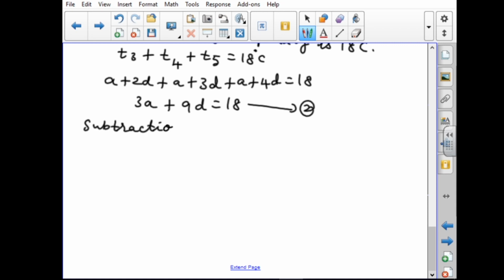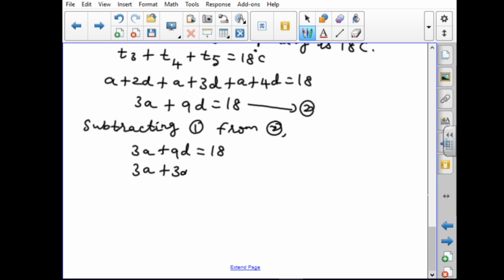Subtracting equation 1 from 2. The second one is 3A plus 9D equal to 18. The first equation is 3A plus 3D equal to 0.